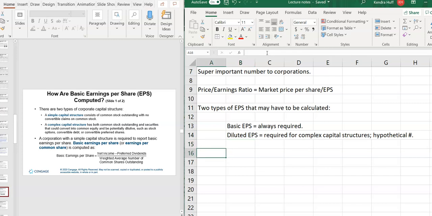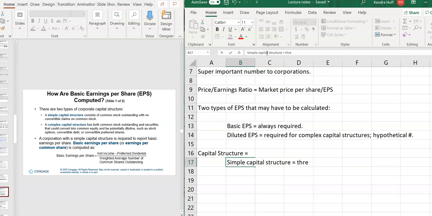Now, when you talk about capital structure, a simple capital structure means that there are no convertible claims on common stock, which means nothing exists that can be converted to common stock.